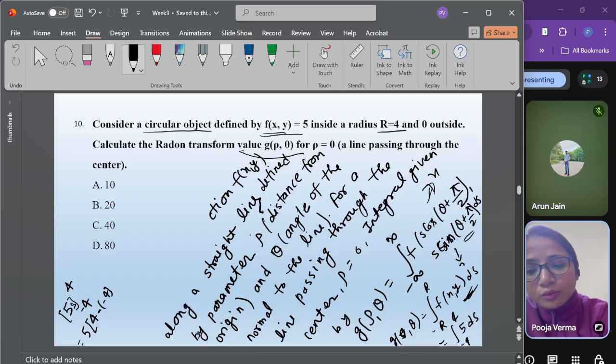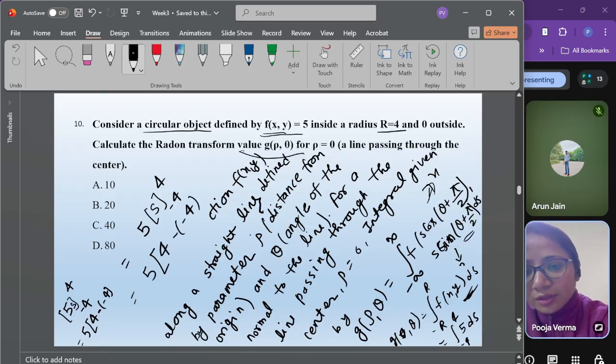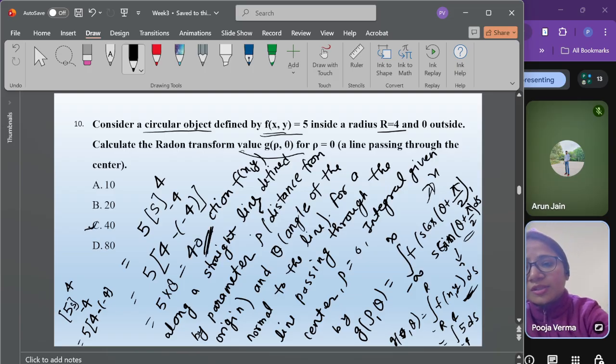If you do the integration here, you will get 5 integrated with respect to s from minus 4 to 4. If you add it, 5 into 8 is 40. So 40 is the answer, and option C is the correct answer for this question.